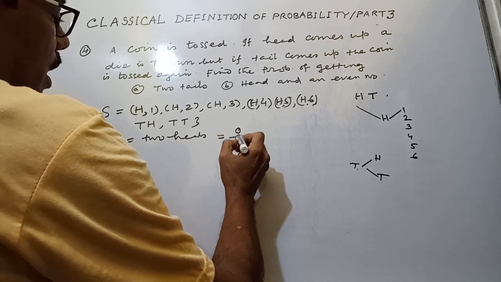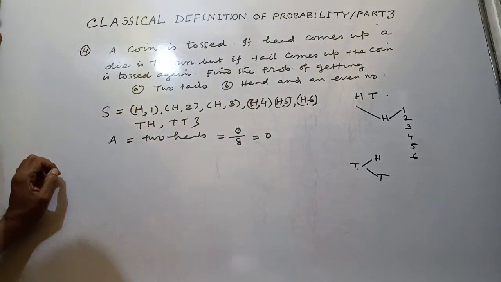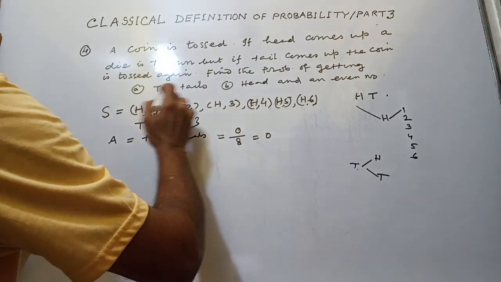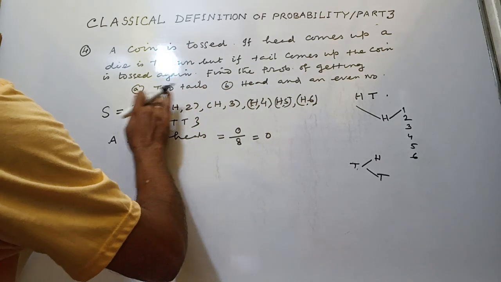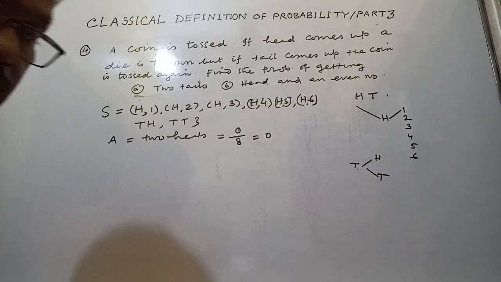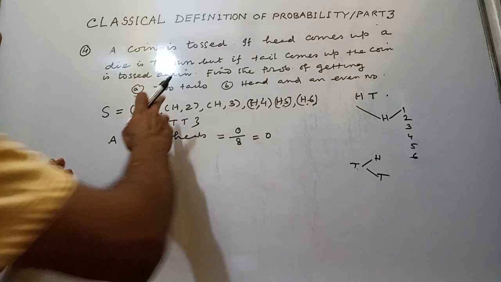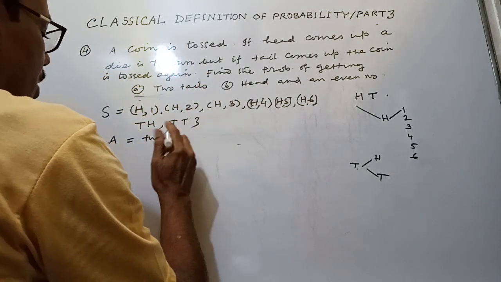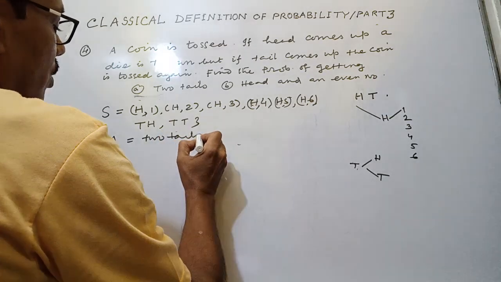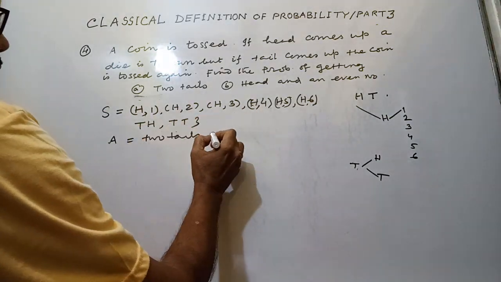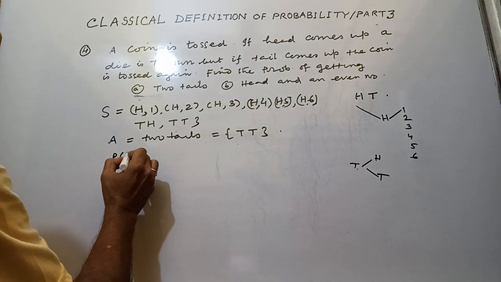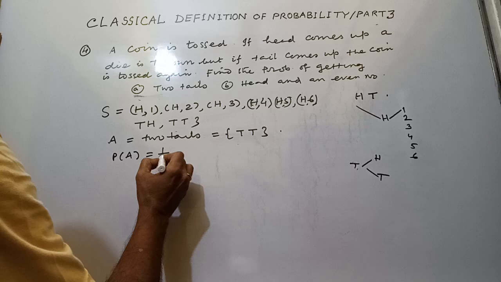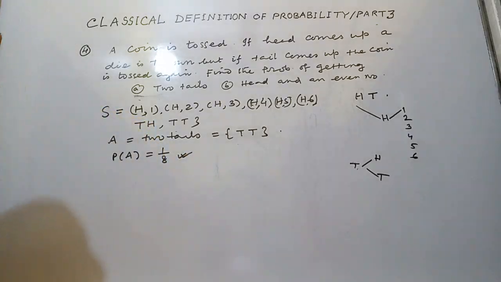So this is 0 by 8 equals 0. Oh sorry, it is given that 2 tails. So you are getting only one case, TT. So P(A) equals 1 by 8.